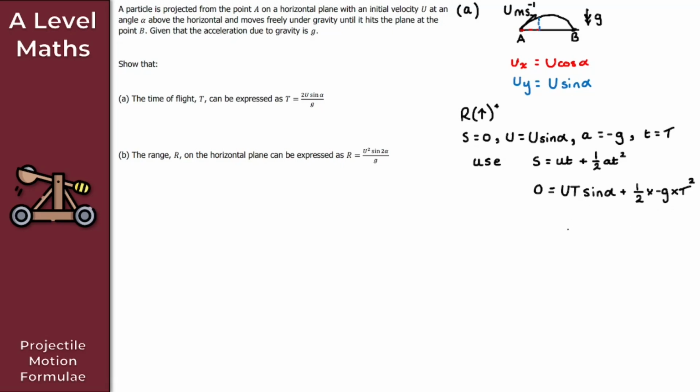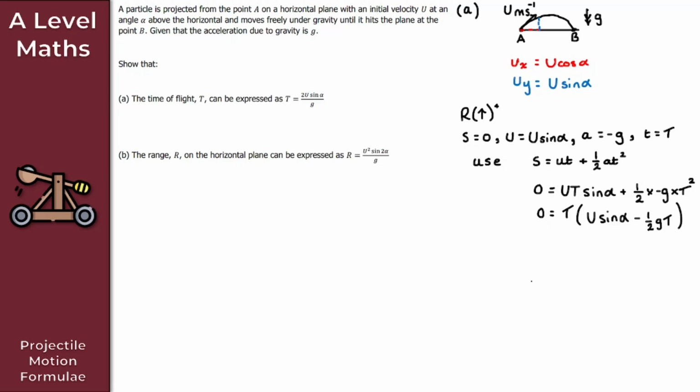So now what I can do here is factor out a T, right? So 0 is equal to, I get T lots then, of U sine alpha, like so, minus a half GT. Okay, because if I've got T squared here, we factor out the T out, we still get 1 remaining inside. So minus a half GT there.